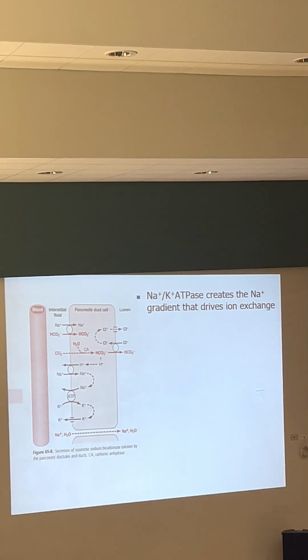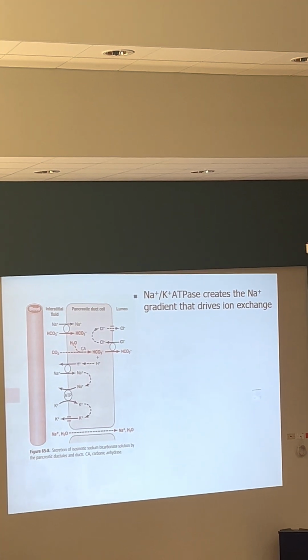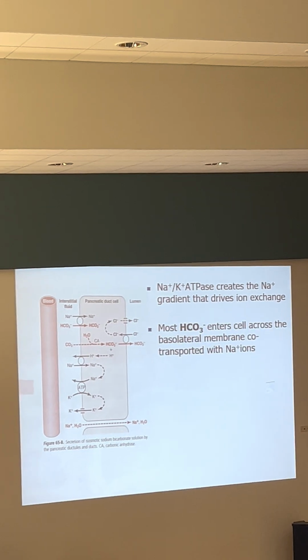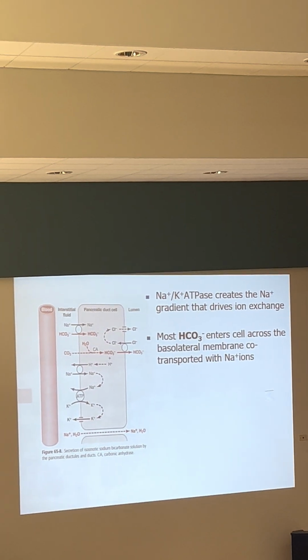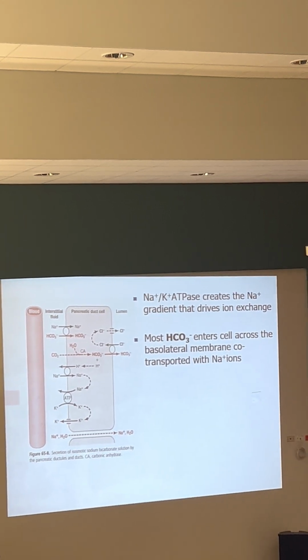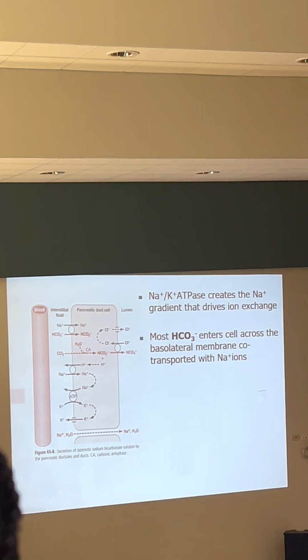So that bicarbonate will have to cross the basolateral membrane. And it does so because of the sodium gradient that is created, providing the energy, and it is actually co-transported along with sodium into the cell.